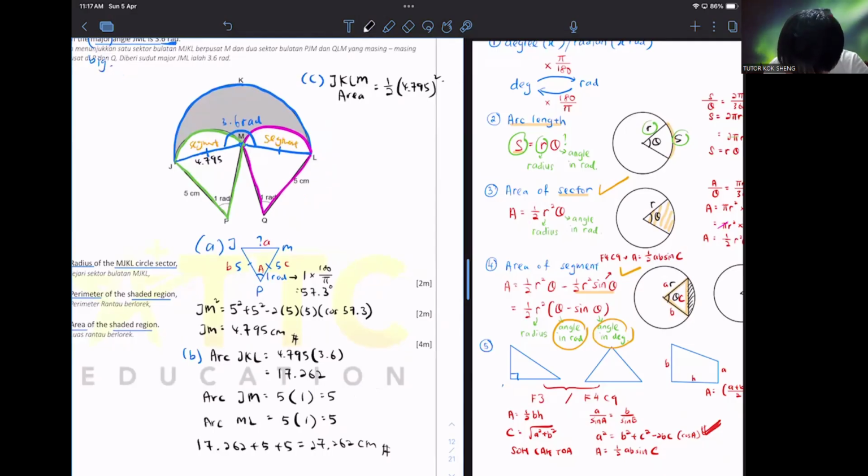Theta is 3.6 rad. Nice. Let's press the answer. 4.795, 3.6, 41.39.